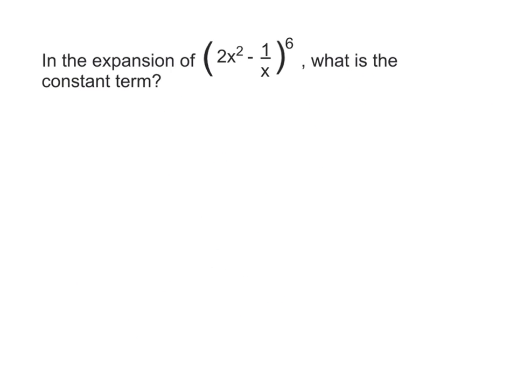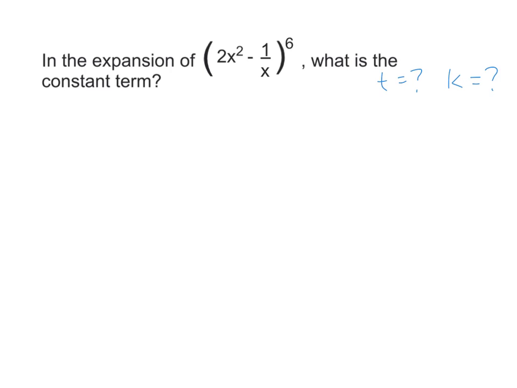In the expansion of 2x squared minus 1 over x to the power of 6, what is the constant term? So it's asking you for a term that doesn't have a variable in it. Again, we don't know k, which is the problem here. First figure out k and then figure out the term. So again, t is a question mark, but right now k is also a question mark.